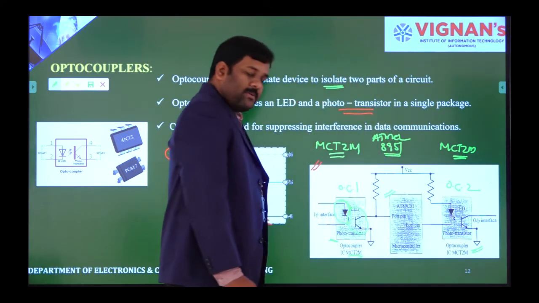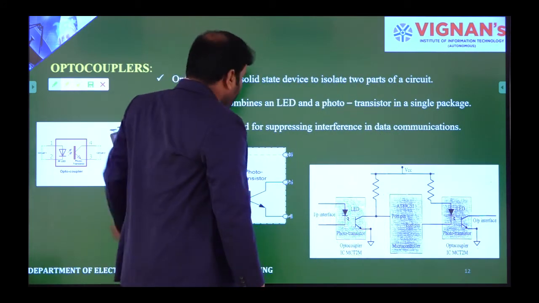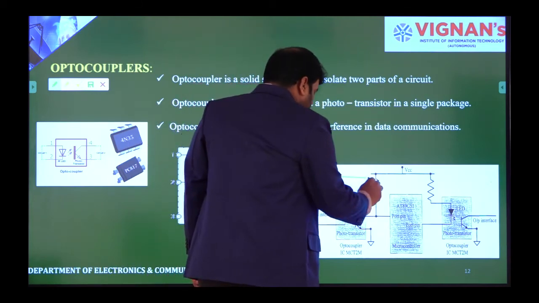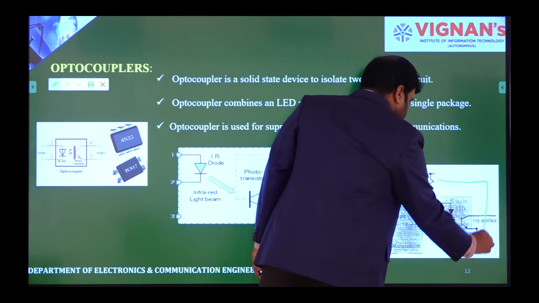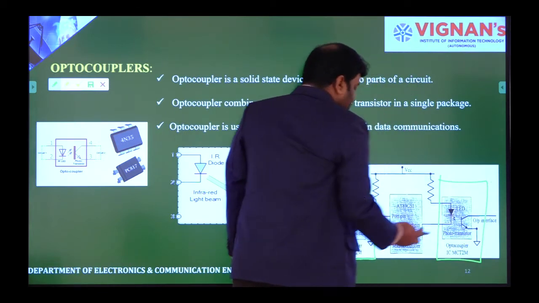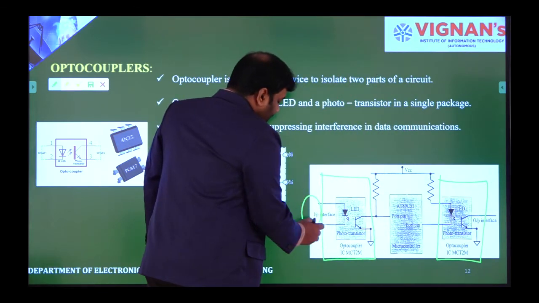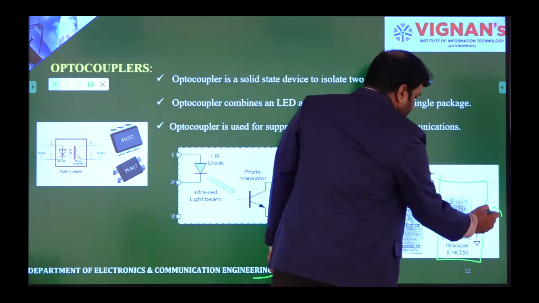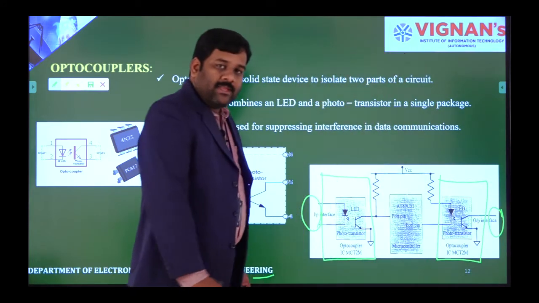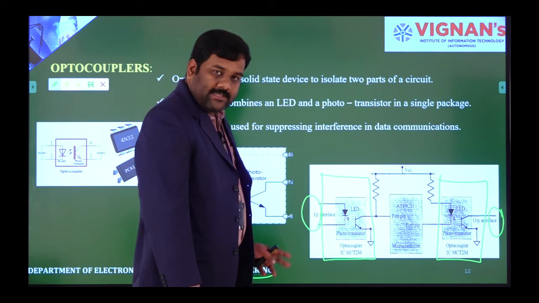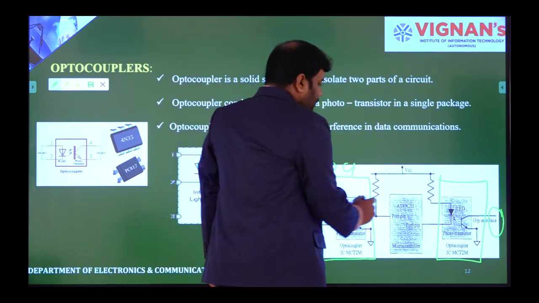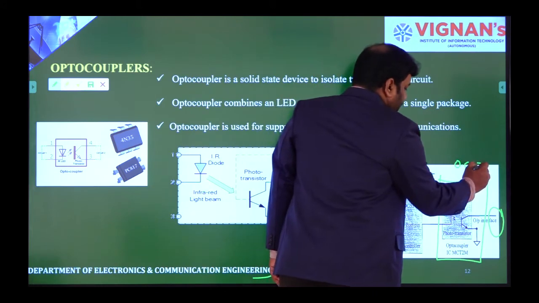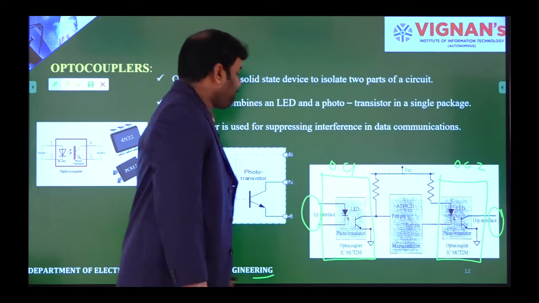If you observe this entire circuit, there is no difference between the part 1 circuit and the part 2 circuit. The only difference is that here you are applying the input and here you are collecting the output. Except for that, there is no difference between this optocoupler 1 circuit and this optocoupler 2 circuit.